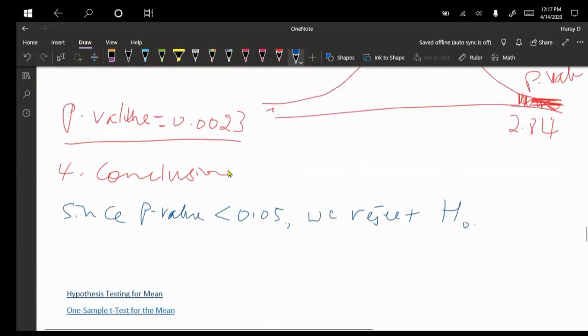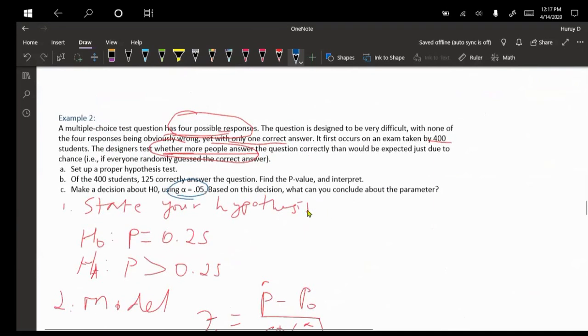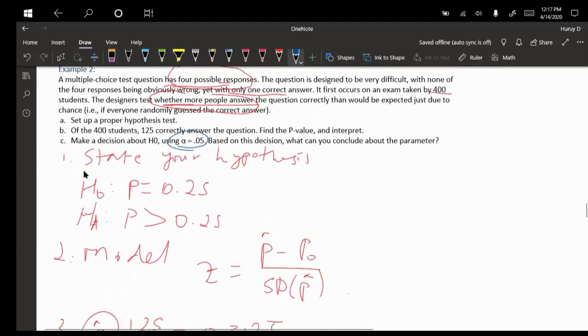And here we are saying if we reject H sub naught, we are agreeing with the alternative hypothesis. And the question was, we are trying to find if more people answer the question correctly than would be expected just due to chance. So due to chance, we would expect 0.25 times 400, which is just 100. Out of all these 400, we would expect only 100 to answer the question correctly. Okay, but here we have 125 who answered it correctly.